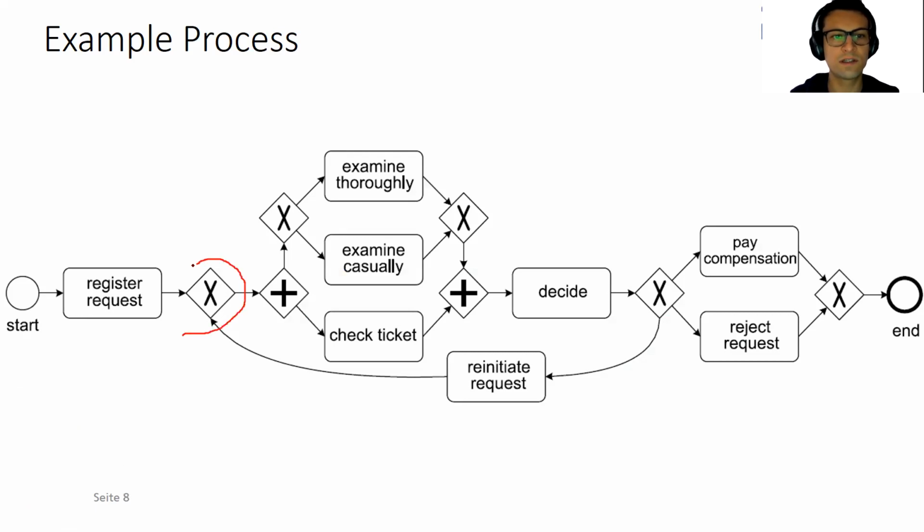Yeah, there we go, this one. It has two incoming arcs: one from register request, one from reinitiate request. Since it's a diamond with a cross inside, it means that we can come from either of those. In this specific example, if you look at reinitiate request, obviously also from the name, we can observe that this somehow means that we're going to redo something.